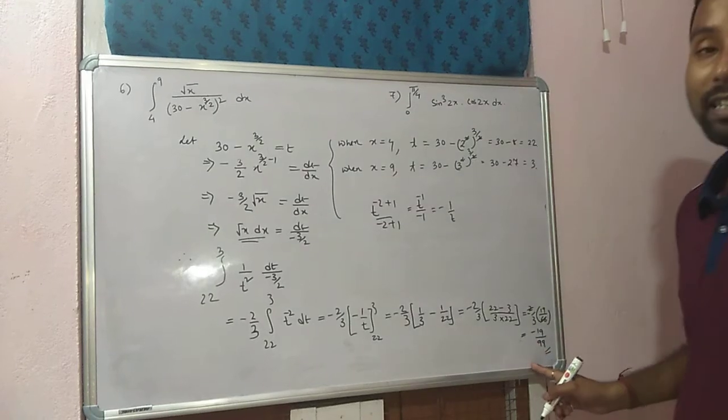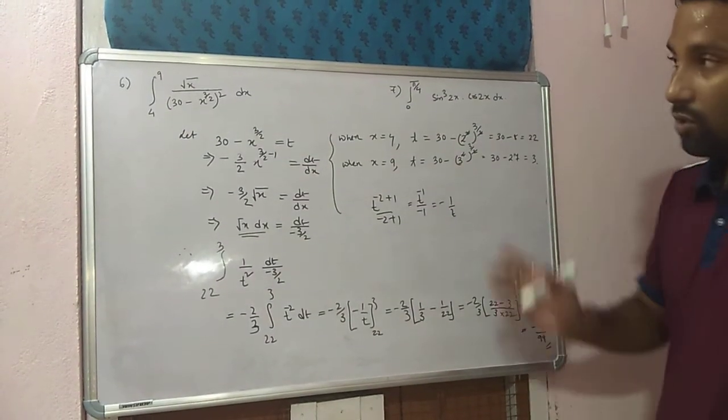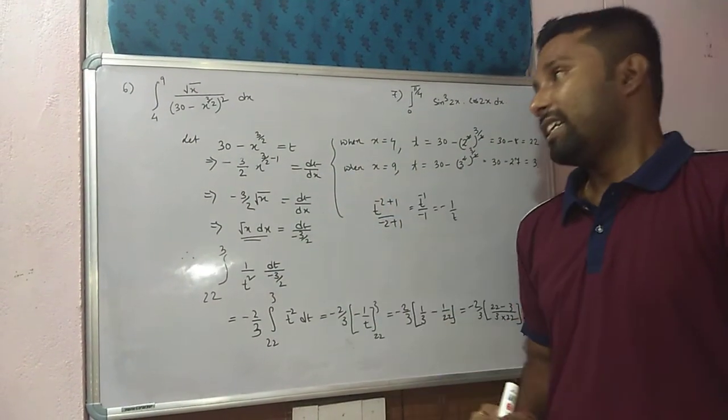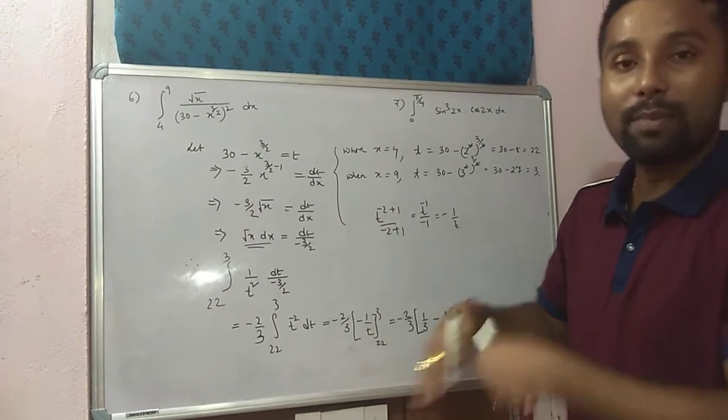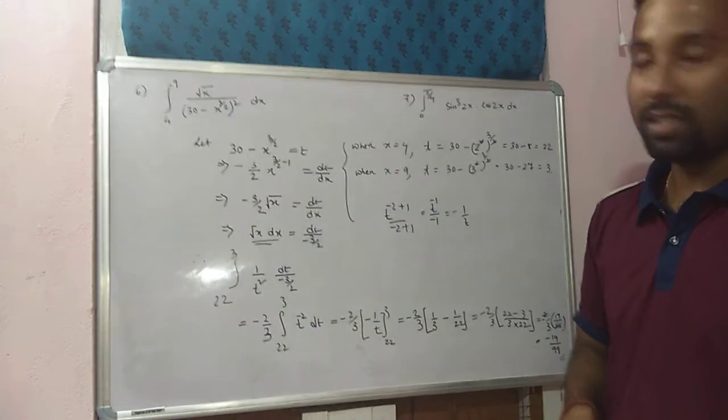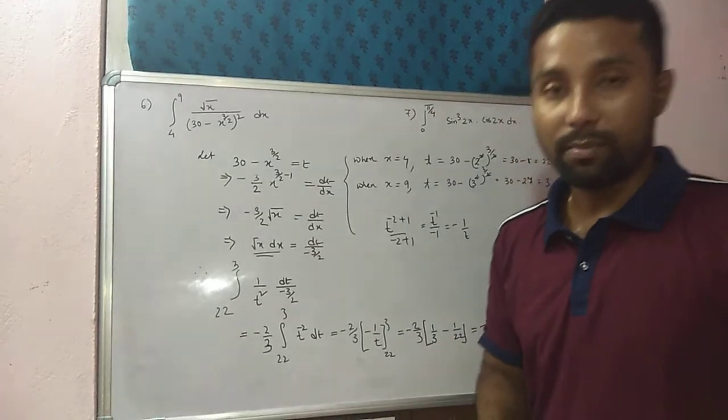The answer is minus 19 by 99. So in this way we can solve such types of questions by the substitution method. I will explain more questions. So this is the first example of the substitution method.